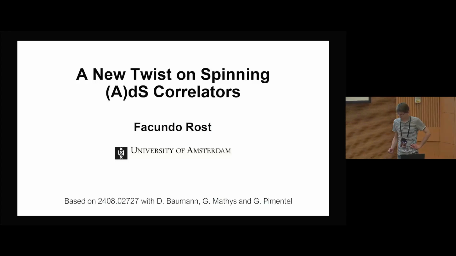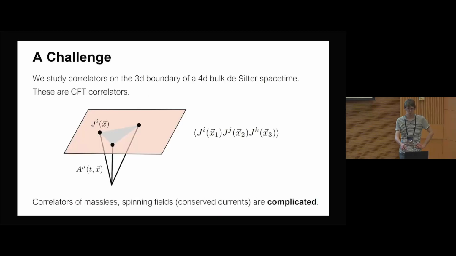So yes, I'm going to talk about this recent work that we published together with Daniel Baumann, Gregory Mathis, and Guillermo Pimentel. Let me get started then with a bit of background.